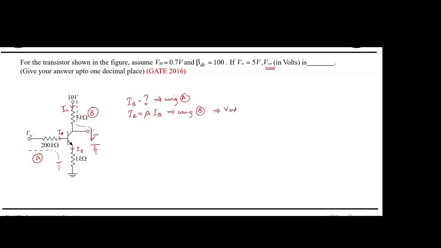Are you able to follow this? Do you want me to solve or shall we move on to the next numerical?